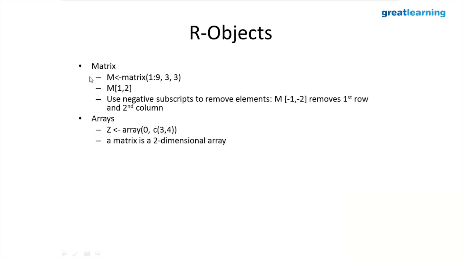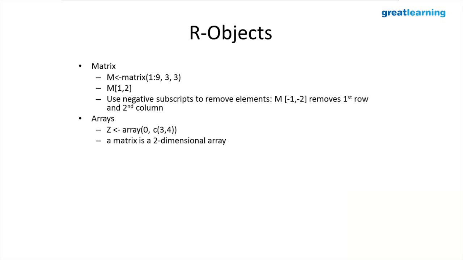So if I talk about a matrix, it's a two-dimensional array. And what is an array? An array has n dimensions. But in the scope of our series, we will be talking about two-dimensional. We'll be working towards matrices, and I'll tell you about big data objects later.